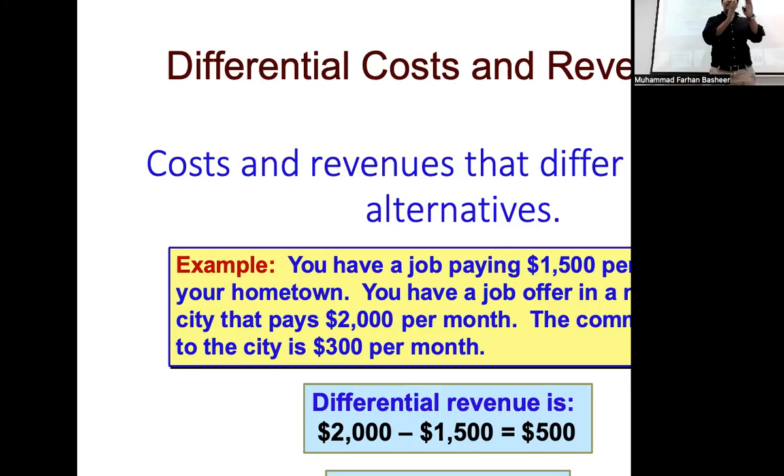But when she came to the chapter of fixed and variable cost, she came to know, no, it's expensive. I'm losing almost 5 million rupees, which is a big chunk. Then she started convincing them because initially she was just relying on differential revenues. Later on, she came to know the differential cost as well.